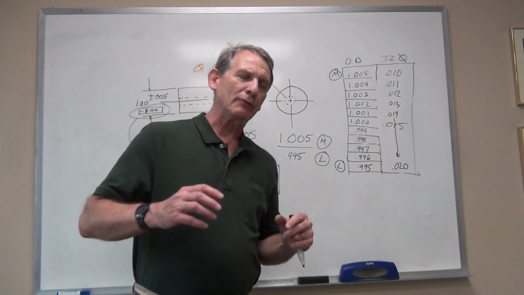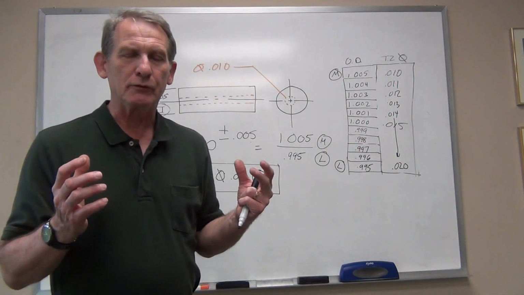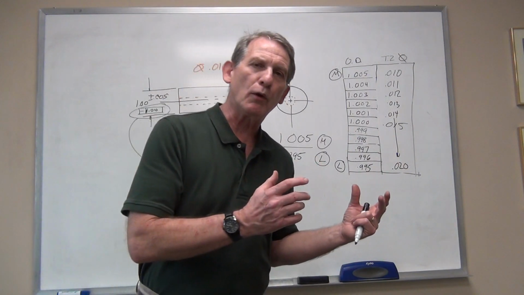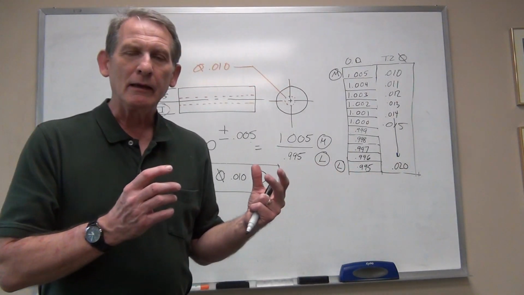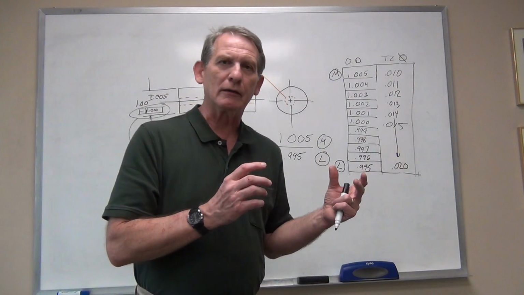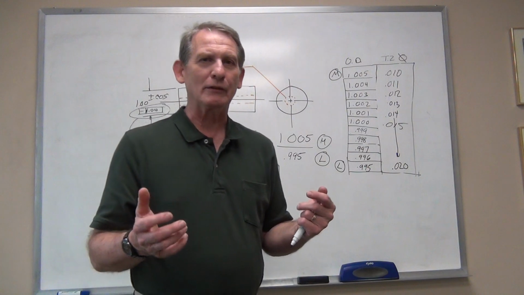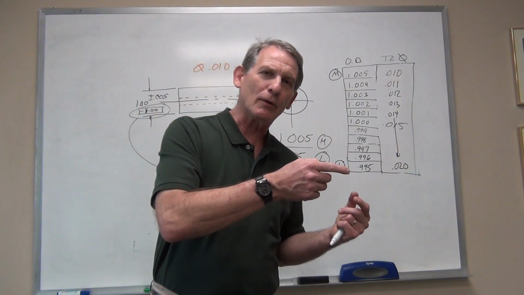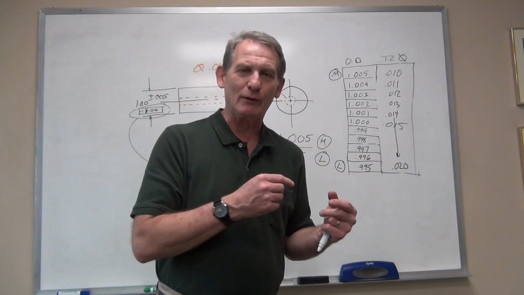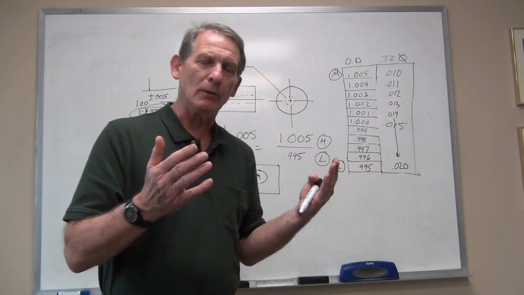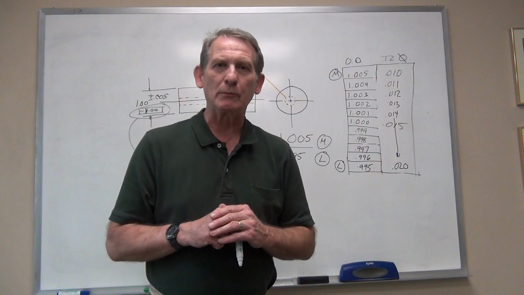If you think about it, if a pin that you've turned is at its maximum material condition and it has to go into a bore with a close fit, if the pin is bent, it's just not going to go. What would you do in that case? Well, you do one of two things. You would bore the hole out more, or you would turn the shaft down a little bit. In both cases, no matter which one of those you do, you're going away from the maximum material condition.